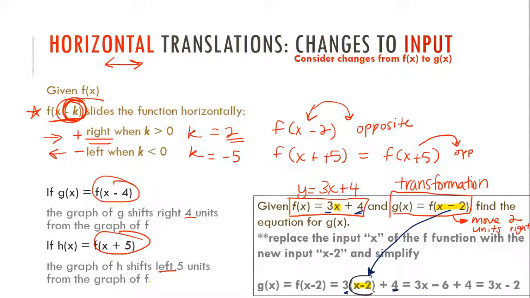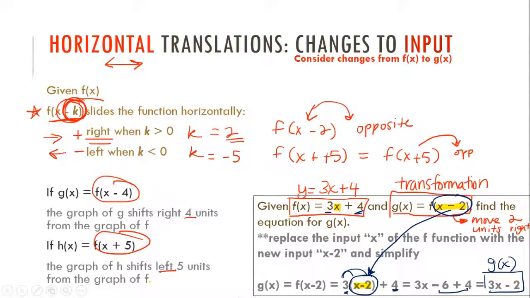I'm just swapping out this value. When I do that, I can simplify by distributing the 3 through. So 3 times x is 3x, and then 3 times -2 is -6, and I still have the plus 4 at the end. These are like terms, and -6 plus 4 is -2. So my new function for g of x, after I've translated it, is 3x minus 2.